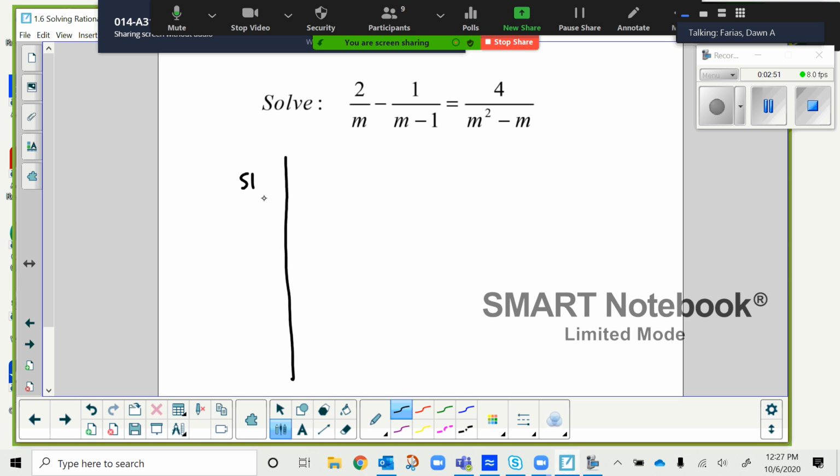That means break it up into factors if you can. Remember that factors are things that are multiplied together. So when I look at 2 over m, and I'm going to factor the denominator, I can't, because m is just m. I could write m times 1, but the 1 is not significant enough to separate out.